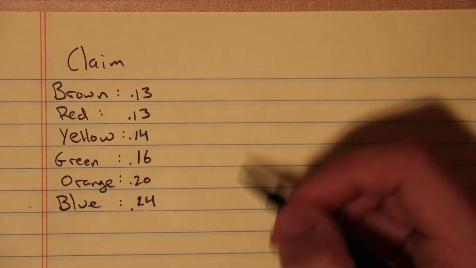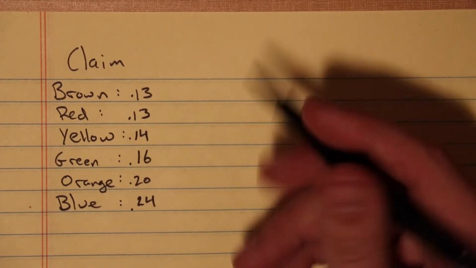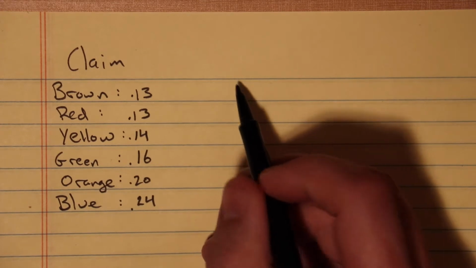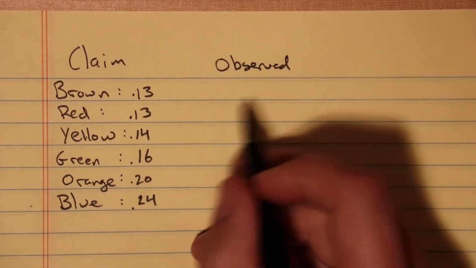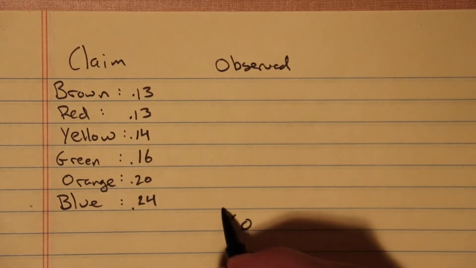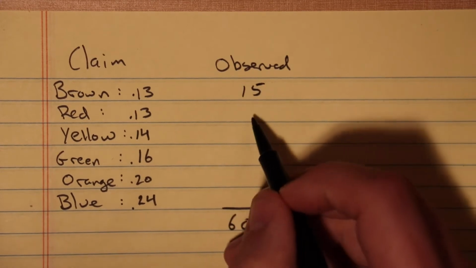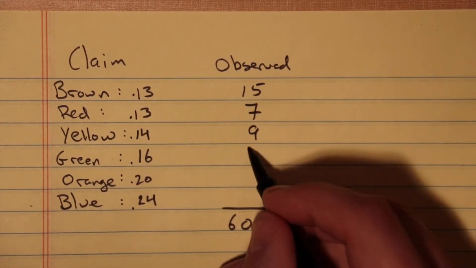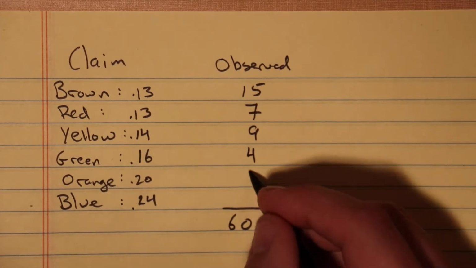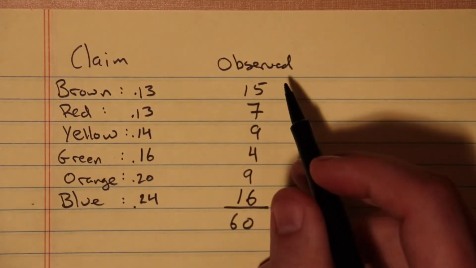So I simulated picking a bag of M&M candies with this proportion of each color, and what I got was this, my observed counts. In my sample of 60, I got, surprisingly, 15 brown, 7 red, 9 yellow, 4 green, 9 orange, and 16 blue.